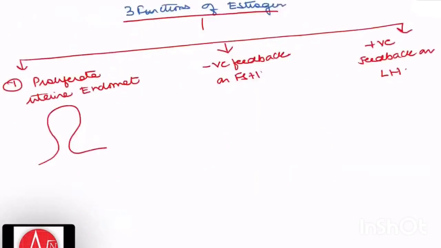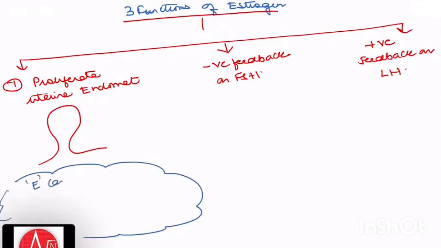Now we are going to just see तीनों functions के application क्या है. First function is कि estrogen proliferates the uterine endometrium. Now, because estrogen proliferates the uterine endometrium, that is why estrogen can lead to endometrial cancers.